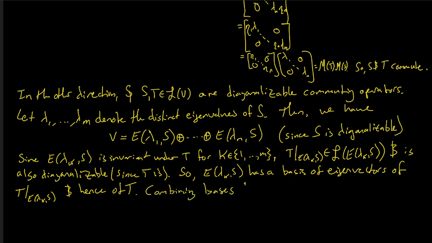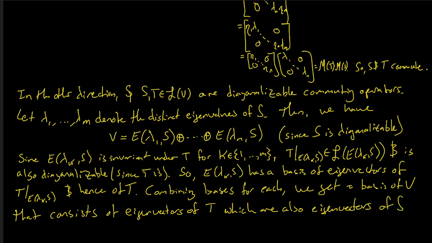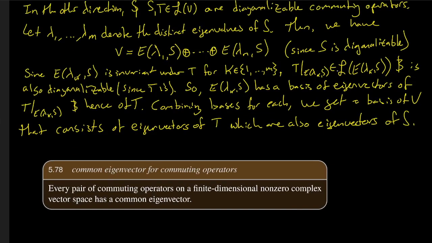Combining bases for each, we get a basis of V that consists of eigenvectors of T, which are also eigenvectors of S, since they belong to an eigenspace of S. Okay, sweet.